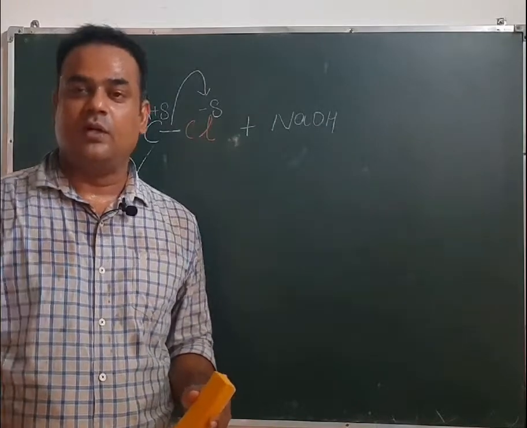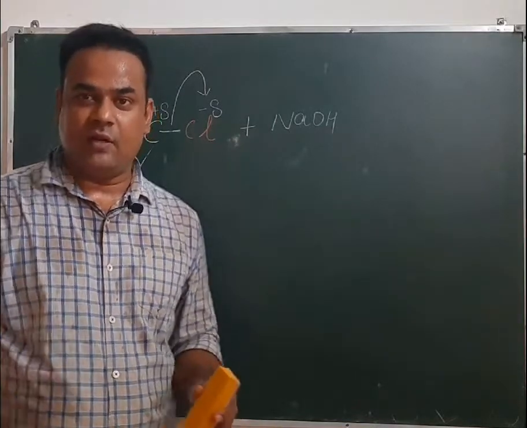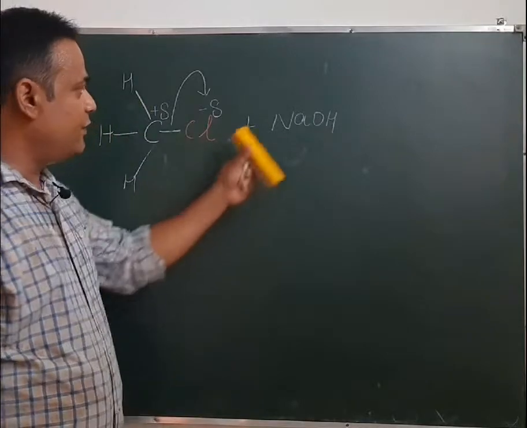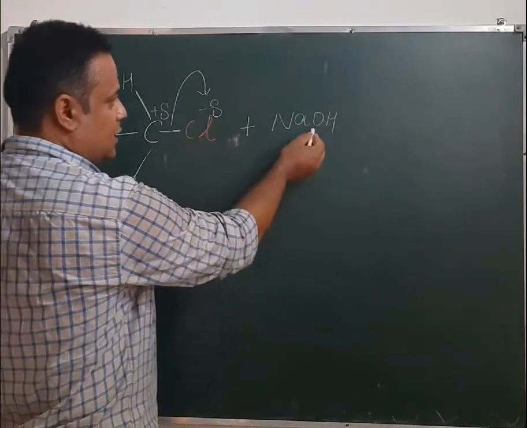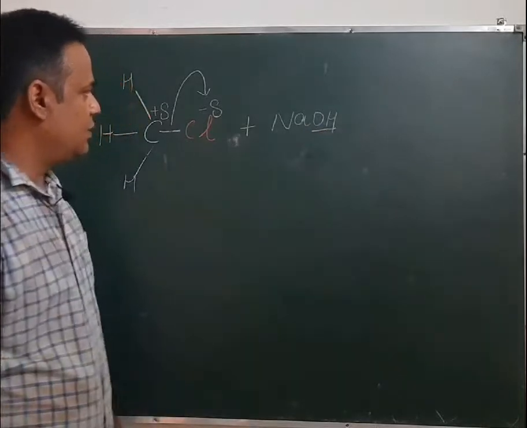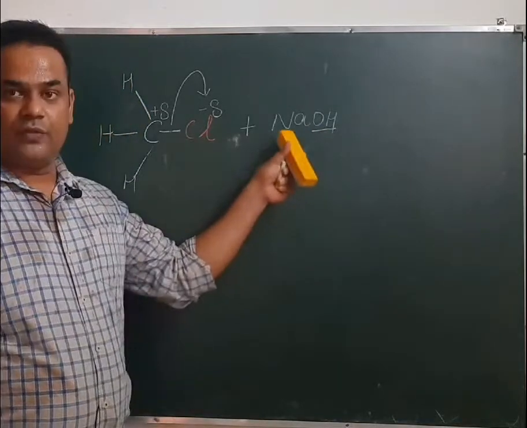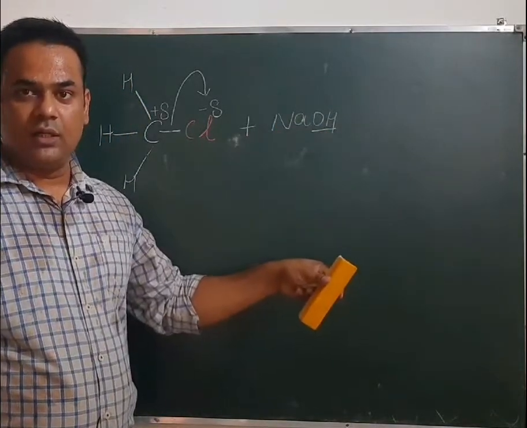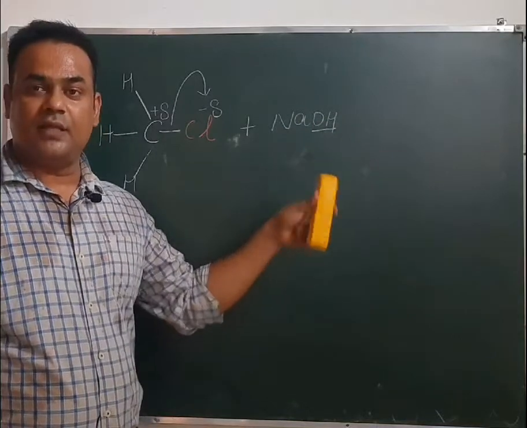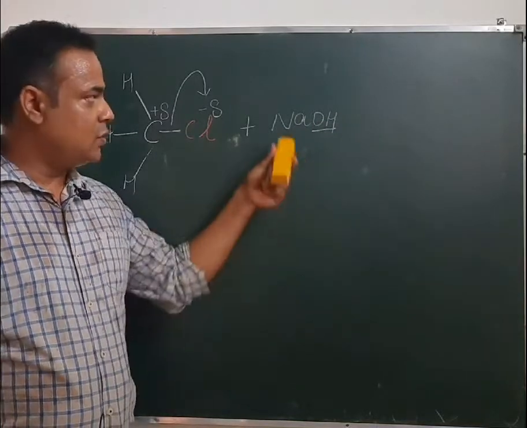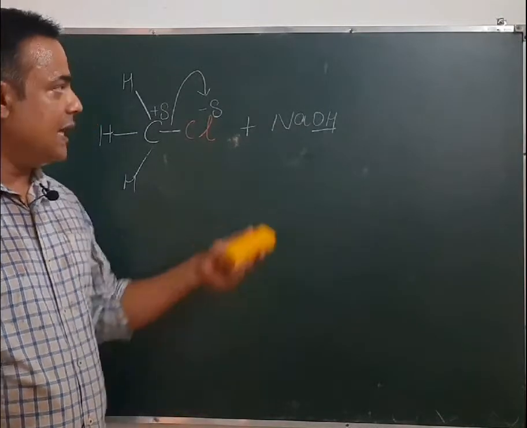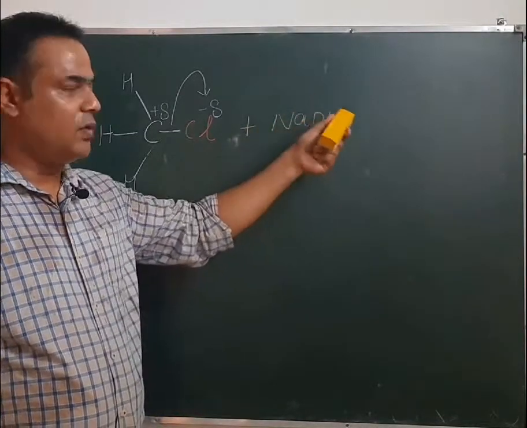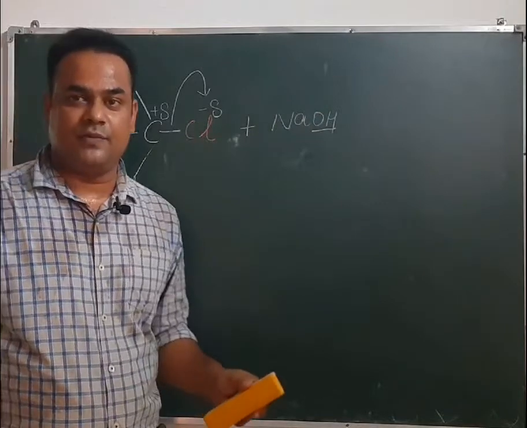So if you know the meaning of these two words, write in the comment box. So when we are treating with NaOH, what will happen? When we dissolve NaOH in water, it is a base and a base donates OH minus ion. So obviously NaOH will dissociate into Na plus and OH minus. Na will acquire positive charge and OH minus will acquire negative charge.